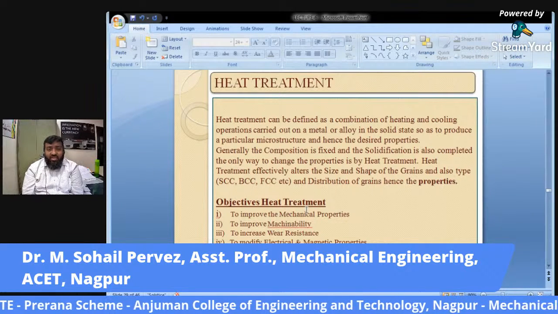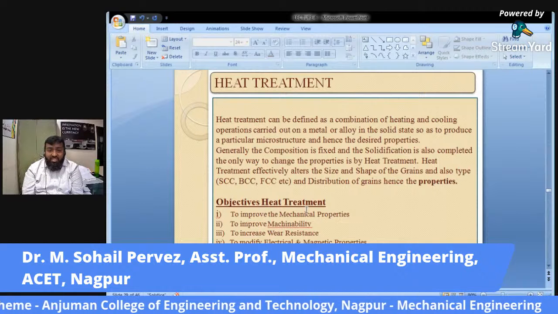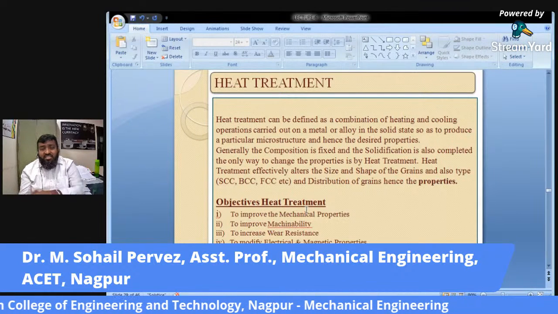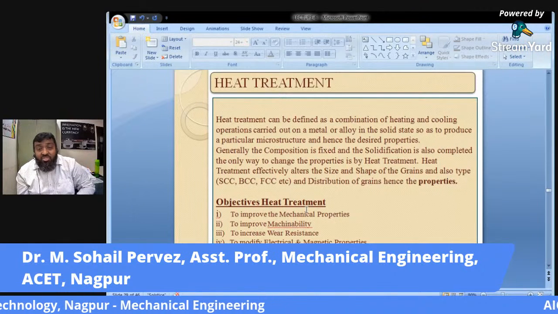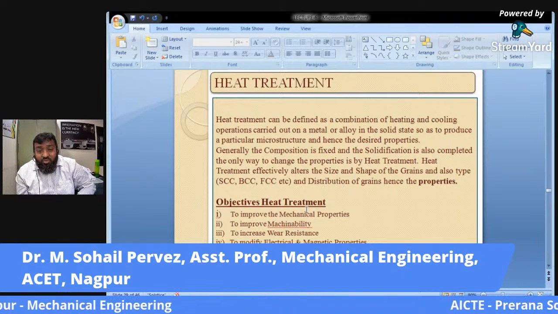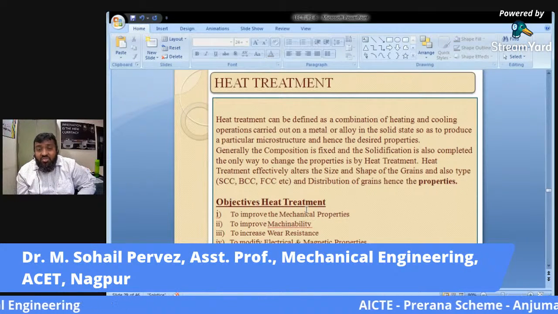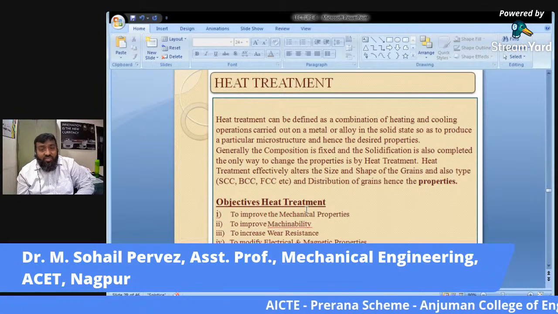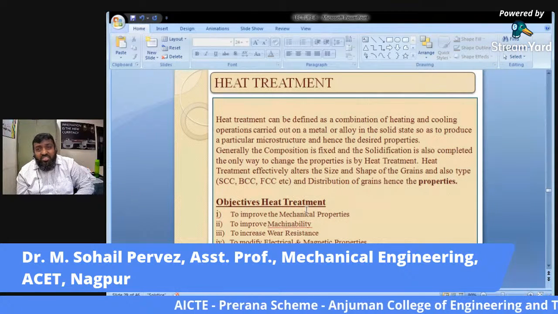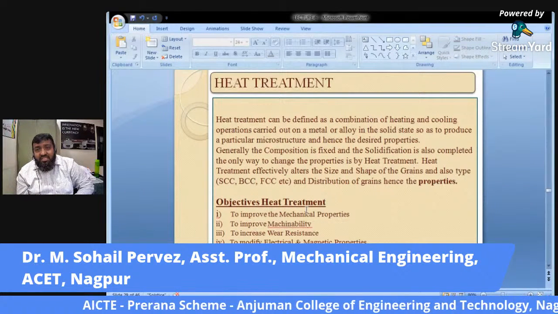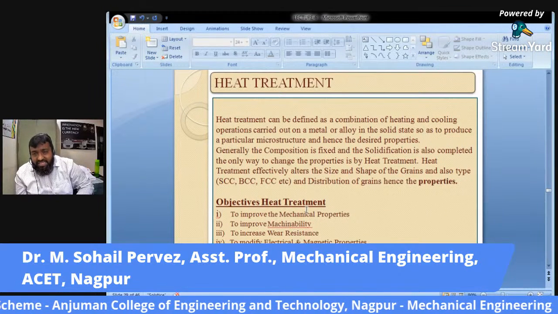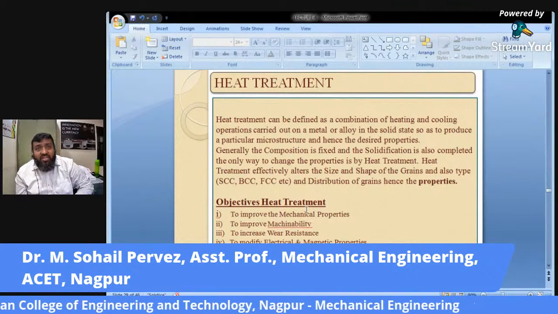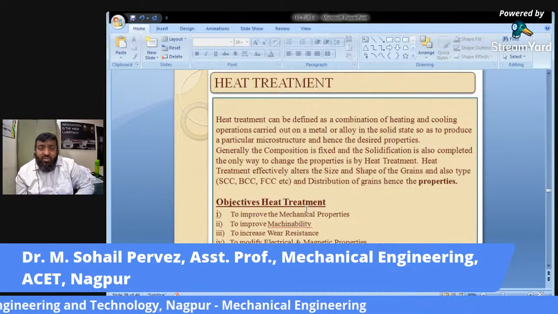To improve mechanical property, to improve machinability, to refine the grains, to relieve stresses or residual stresses from the machined parts, to overcome the effect of strain hardening and restore ductile property. So heat treatment is generally seen as the process of getting the desirable properties imparted on the workpiece, on the materials.